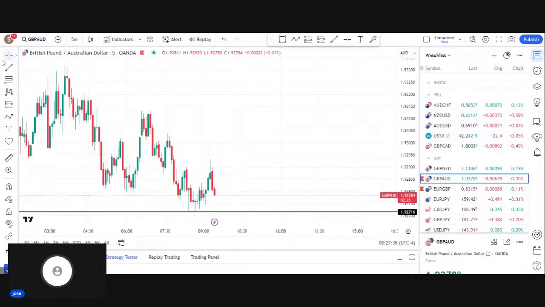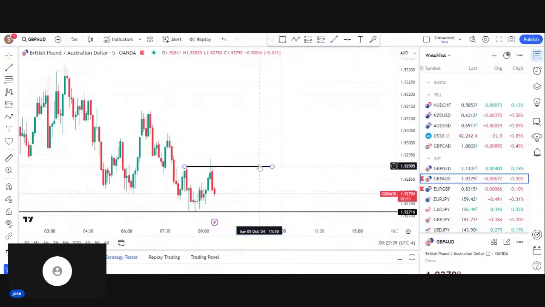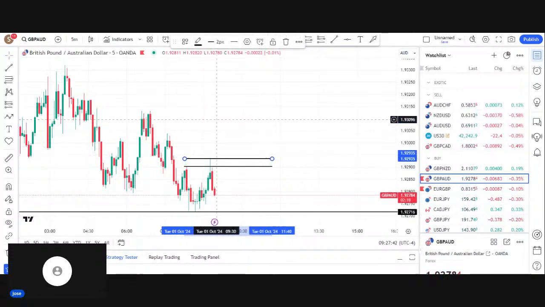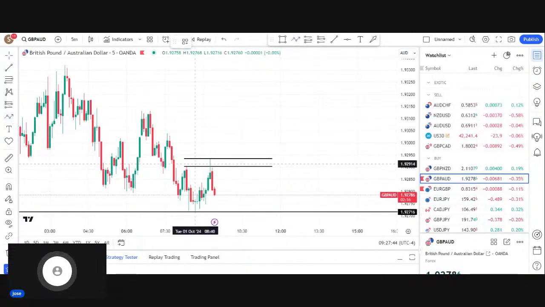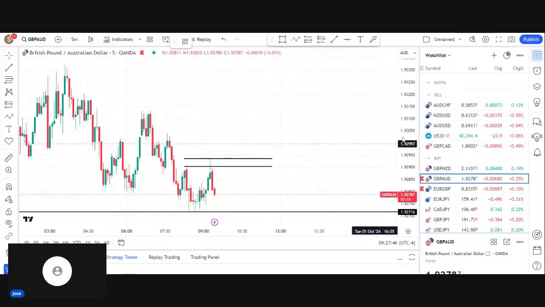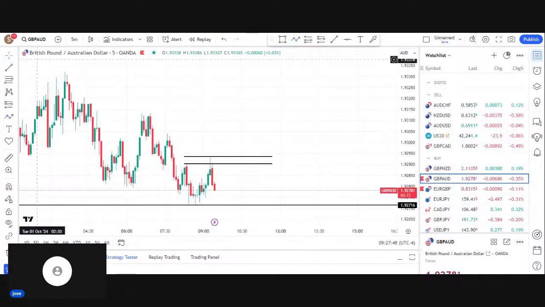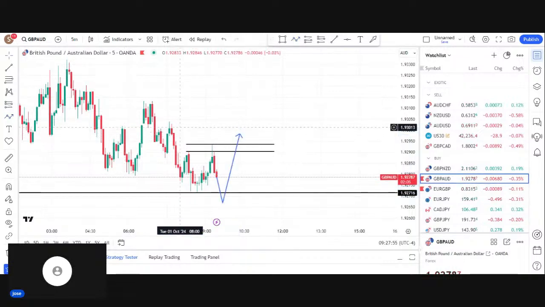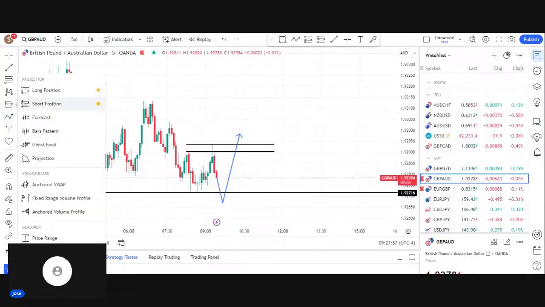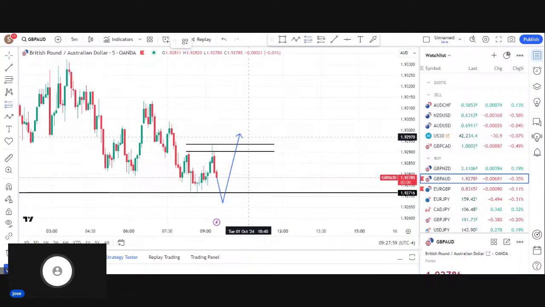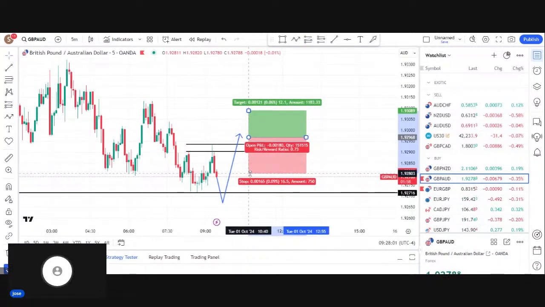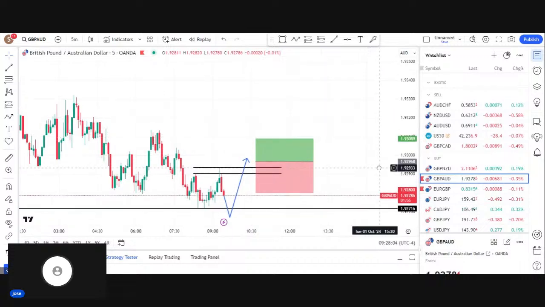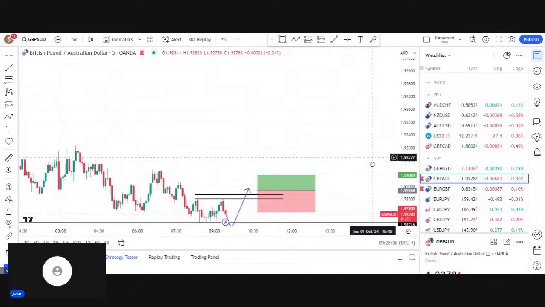As price is going down, I'm going to draw my levels. My thesis is first, you want to see price trigger liquidity, then break out. And this is where we take our entry and stop loss, and then we would be targeting a 1 to 5.